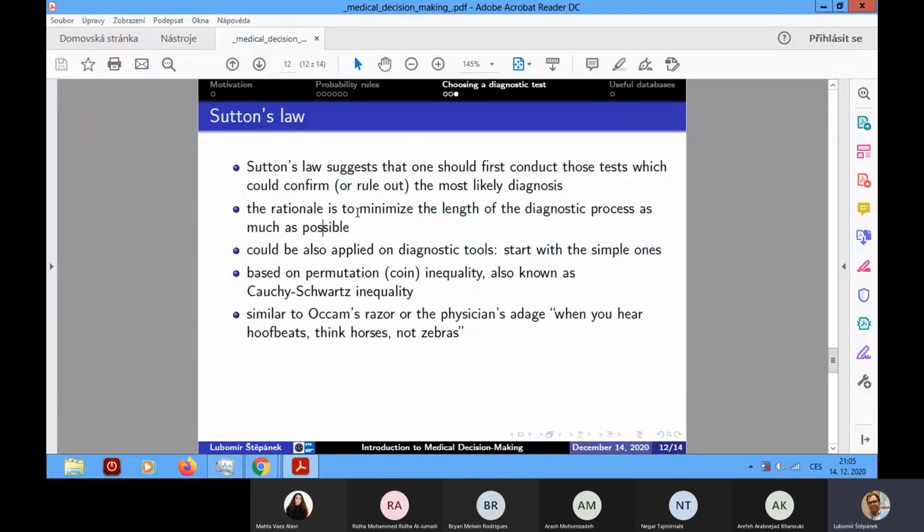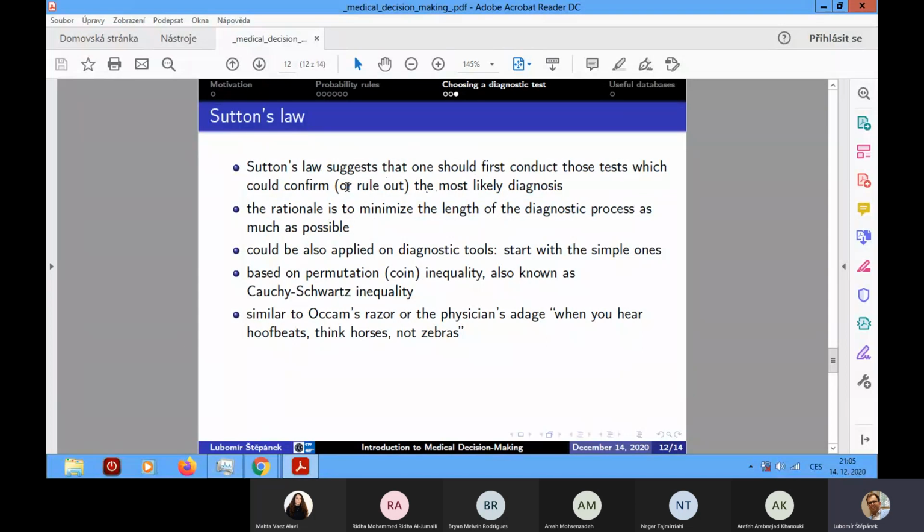Because if you simply start with the most unlikely diagnosis, it will very likely happen that the tests you apply on the patient are going to rule out this unlikely diagnosis, because the diagnosis was absolutely unlikely, and you knew it beforehand. But okay, it's going to rule out.